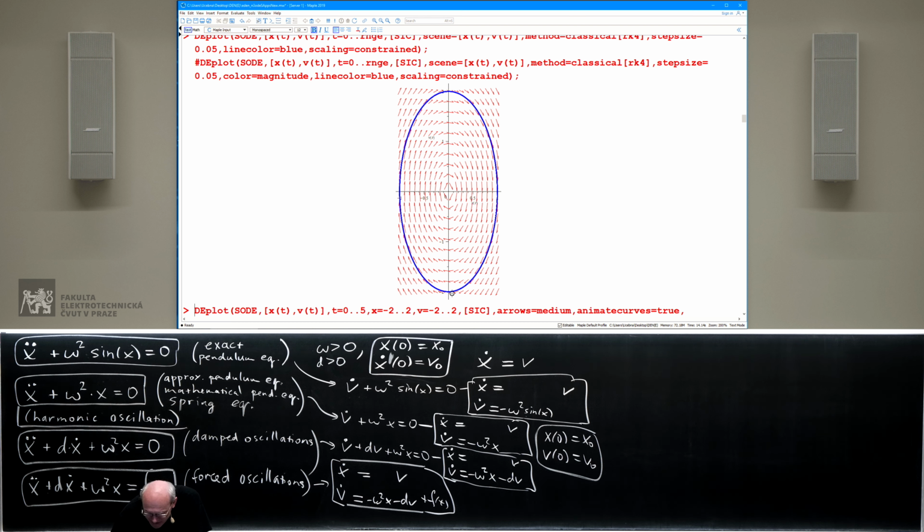And after a while, we end up at this point, which is where the velocity, that's the vertical direction, is the largest, and the displacement is the smallest because it's 0. And then the displacement moved to the other side until we got over here. So the movement of the pendulum is actually captured by a circular motion in this picture. We do not see how quickly we are going around.